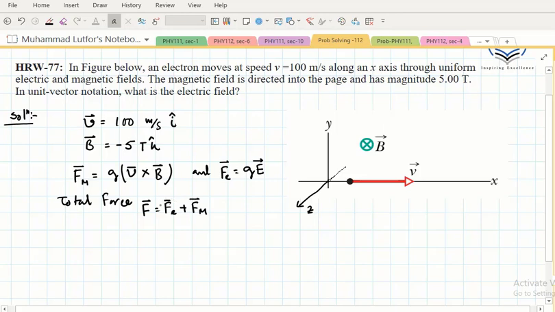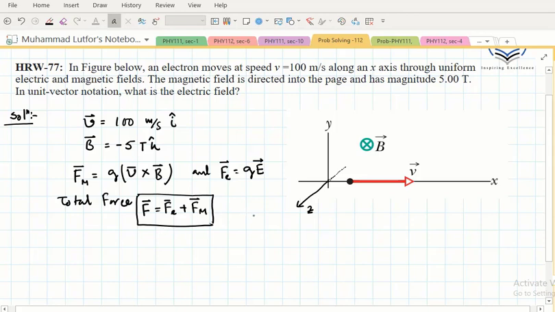We have to find the direction of these two forces, since the net force must be equal to 0 as the electron moves at a constant velocity.